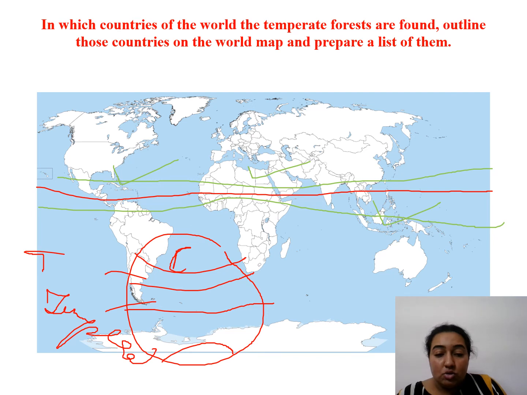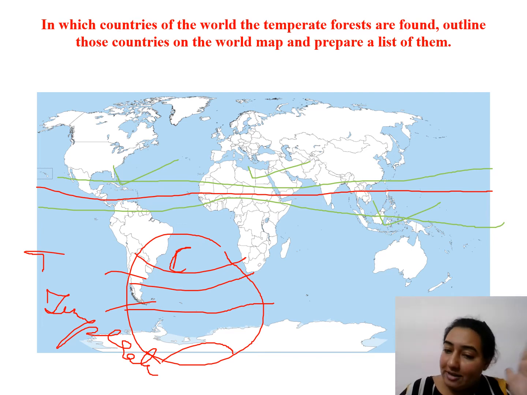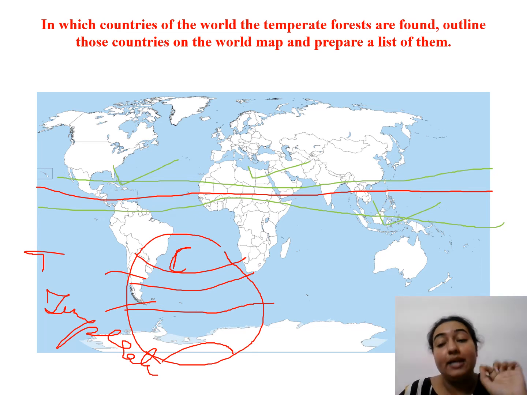So in this way the earth is divided into different subdivisions related to natural vegetation. These are natural vegetation. Why? They grow naturally. There is no role or interference of human beings in growing such vegetation and trees. So these are natural.